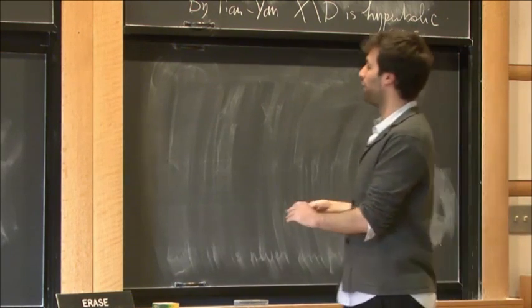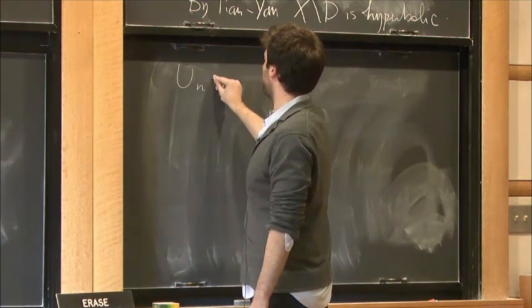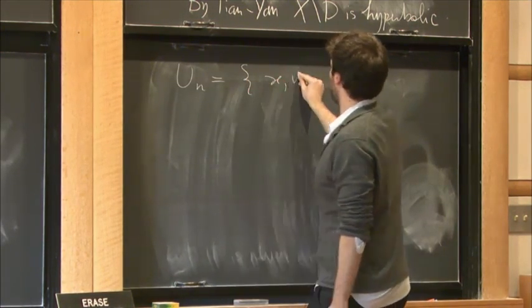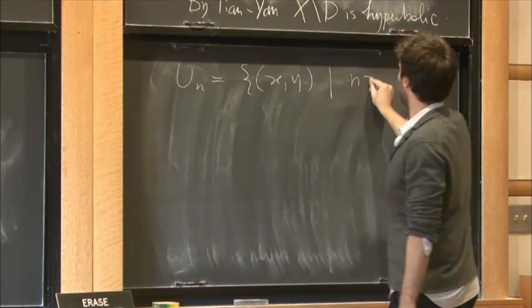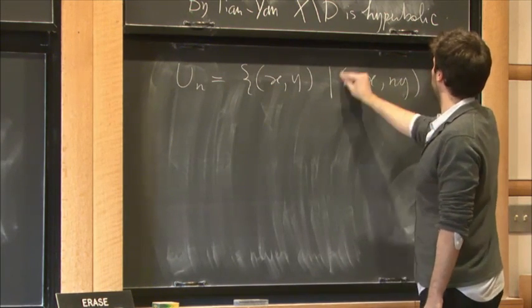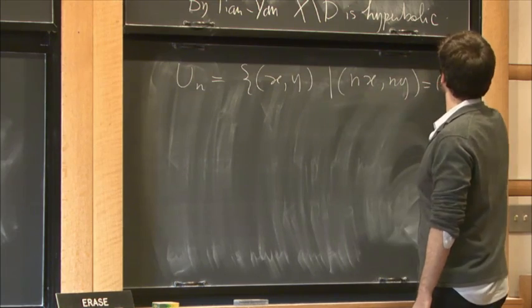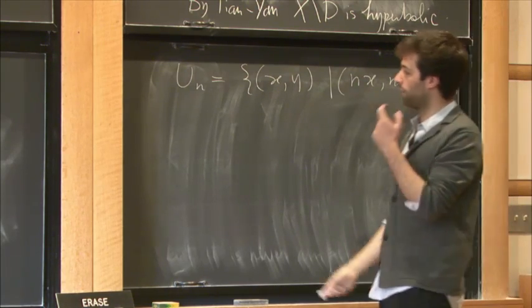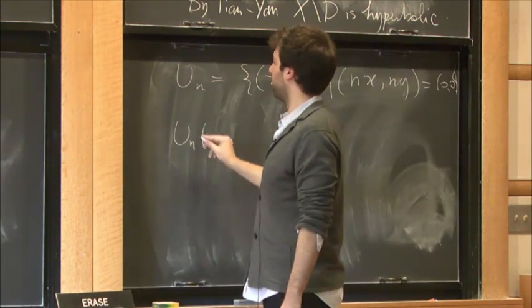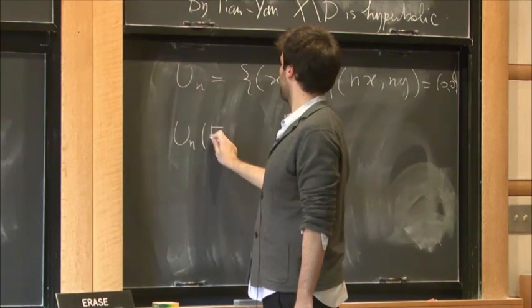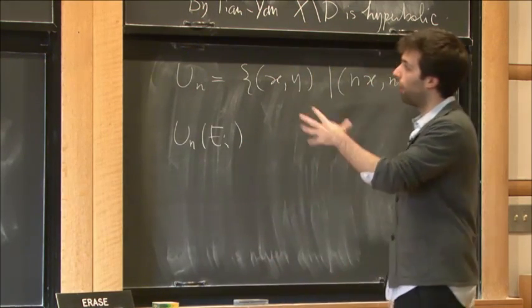So if you define U_n to be the set of (x, y) such that nx and y is trivial, the n-torsion points, then if you act with this group on our curves Ei, I get a lot more.